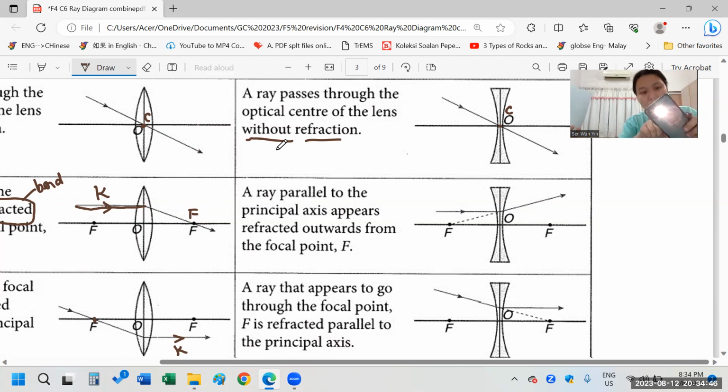I forgot to bring my magnifying glasses. Okay, I just want to show you what happens when the light passes through the lens. There are many light rays.